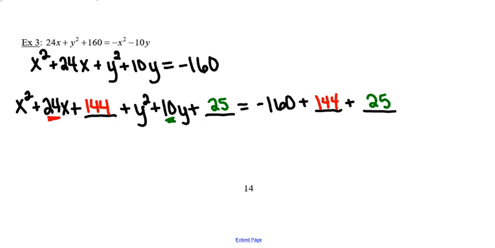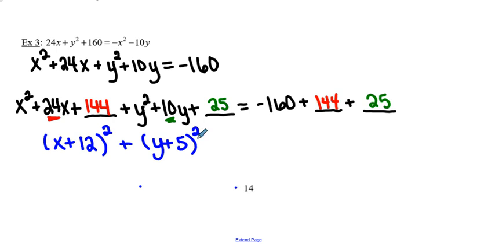All right, next stage of the game, I'm going to go do my factoring. So x squared plus 24x plus 144 will factor into x plus 12 times x plus 12, which is really just x plus 12 quantity squared. The y squared plus the 10y plus the 25 will factor into y plus 5 times y plus 5, or in other words, y plus 5 squared. The terms on the right-hand side of the equation are going to combine together.